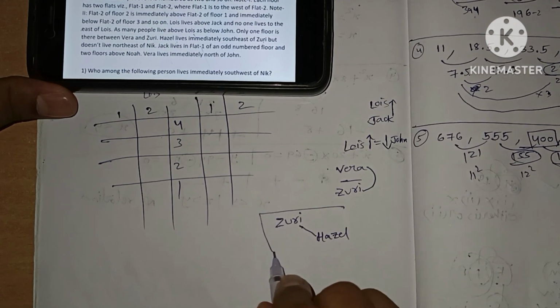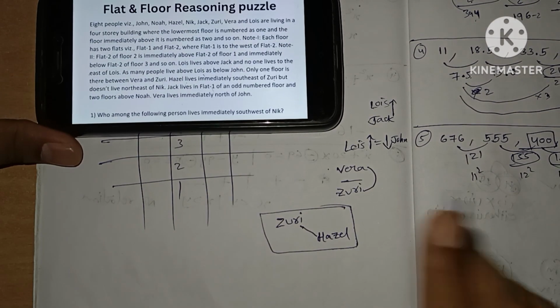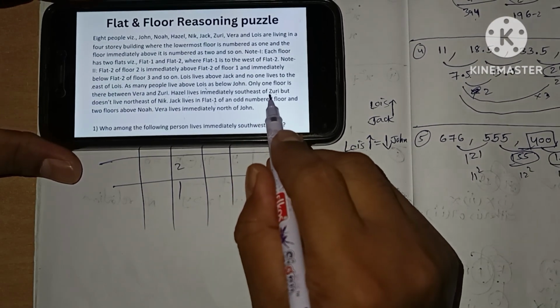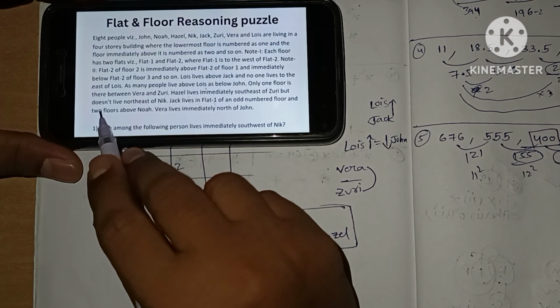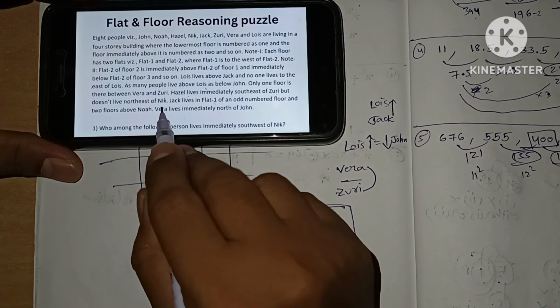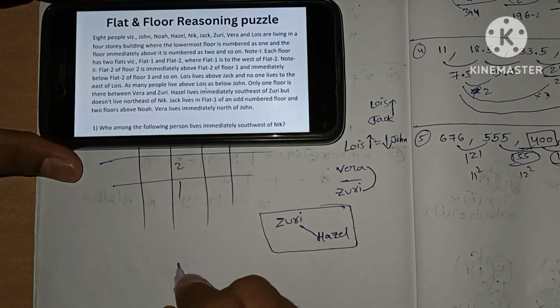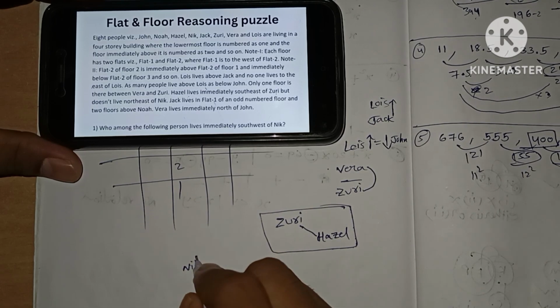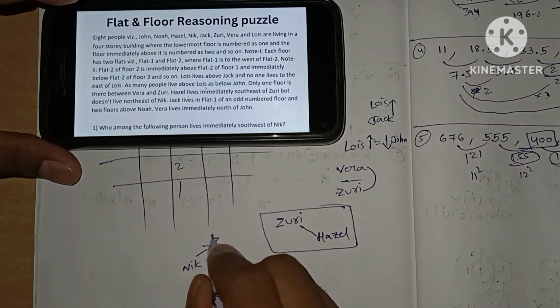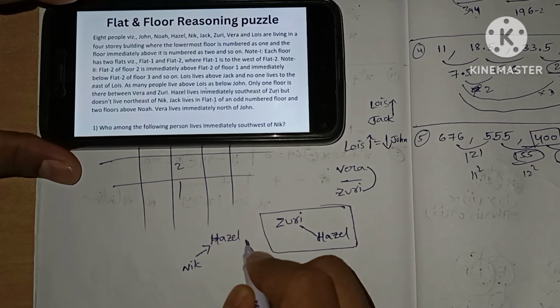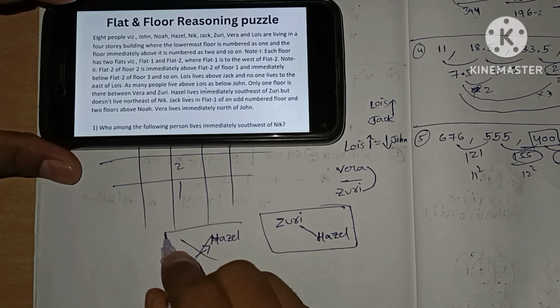Okay. Next one. Hazel does not live northeast of Nick. So Nick here, northeast person is Hazel, must not be like this.